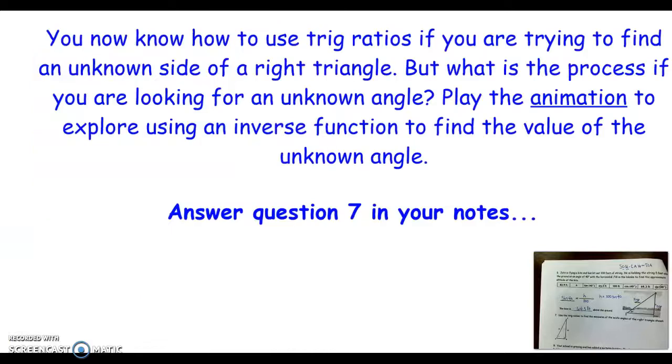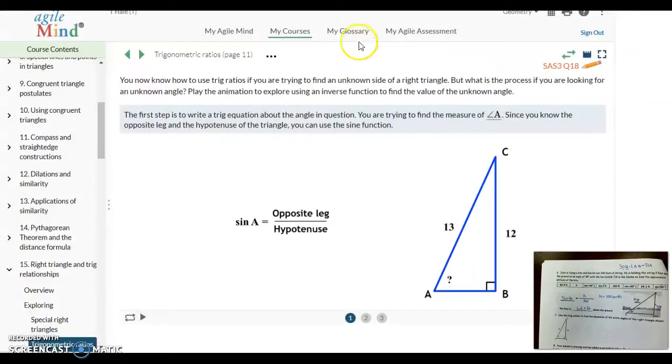All right, on number 7, we've been on the last couple of examples solving for missing side lengths, but we can also solve for an unknown angle of a right triangle. So we can solve for that acute angle measure.